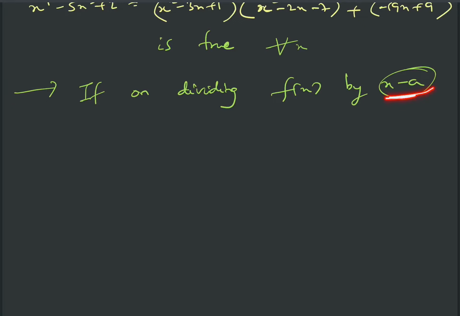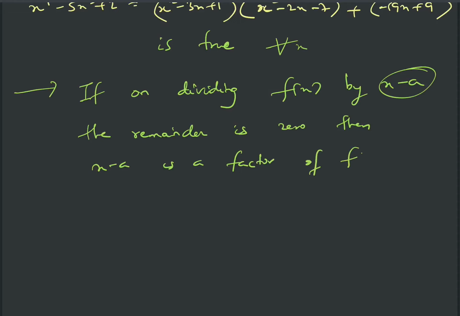Because the remainder's degree should always be less than the divisor's degree. If on dividing f of x by x minus a, the remainder is 0, then we say that x minus a is a factor of f of x, right?